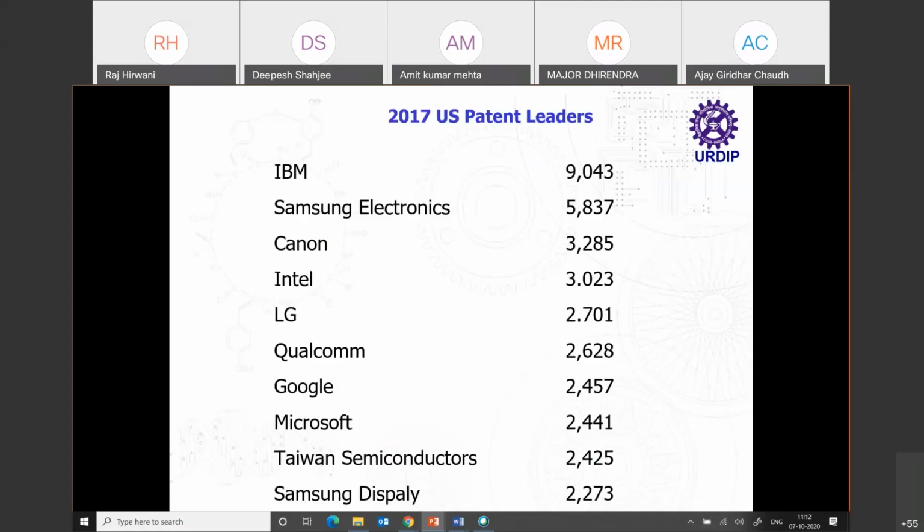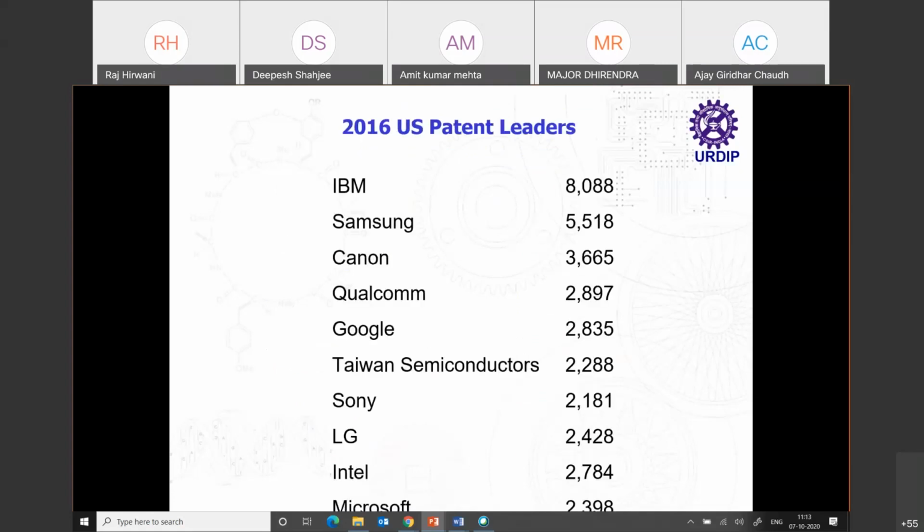Same story gets repeated. These are the people who got the highest patents in a year in the United States. So when we are talking about 9,000 patents in one year to IBM, we are talking about close to 60, 65 patents per day to the company.